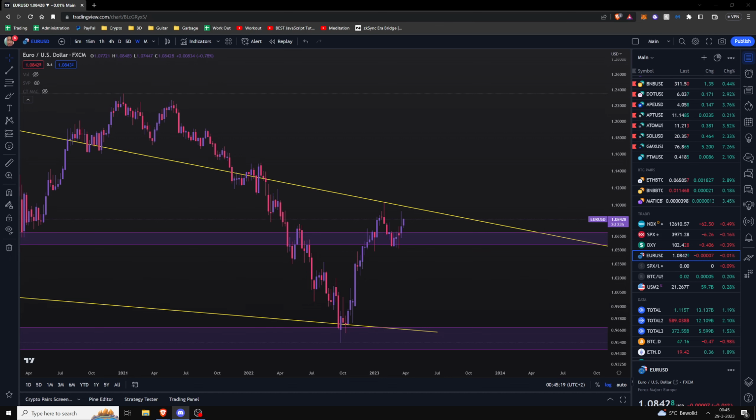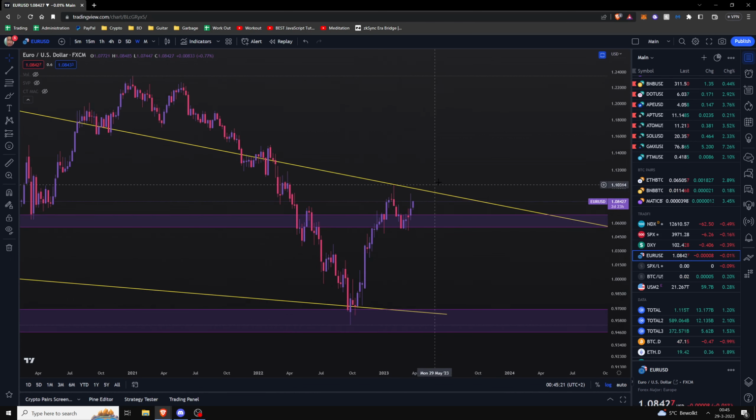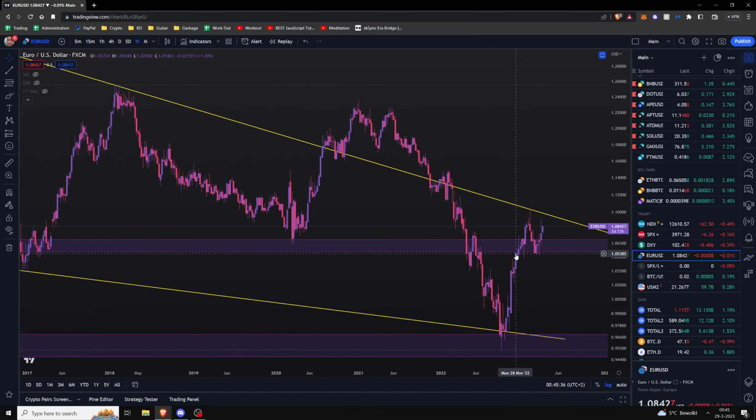So I don't trade Forex specifically, but I do keep an eye on this chart. And Binance was the exchange that I had that let me own euros without having to on and off ramp at the banks. But yeah, like I said, TA can be done at any time, right?